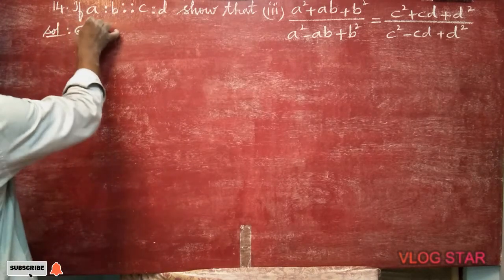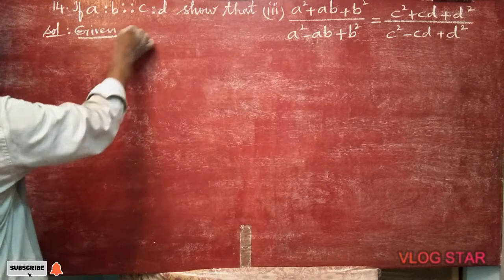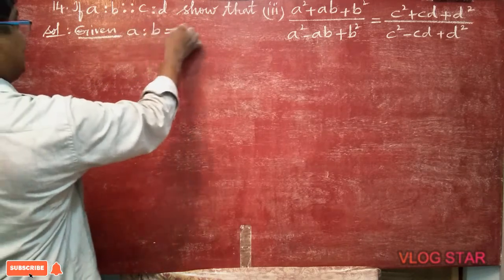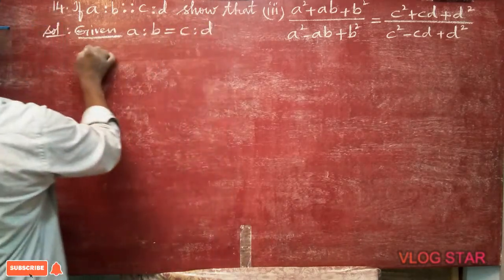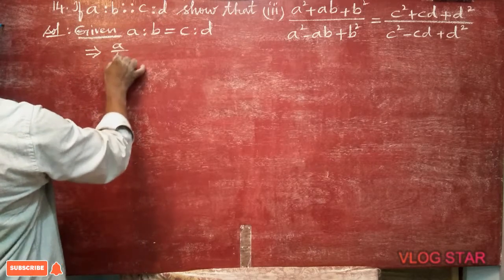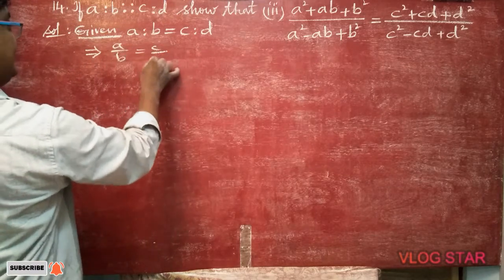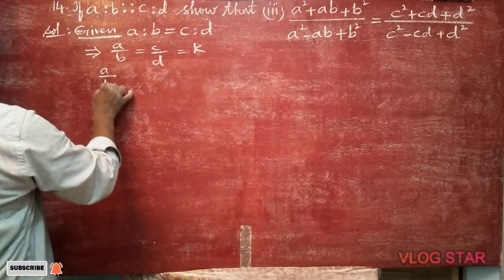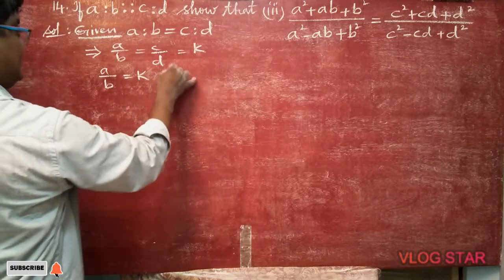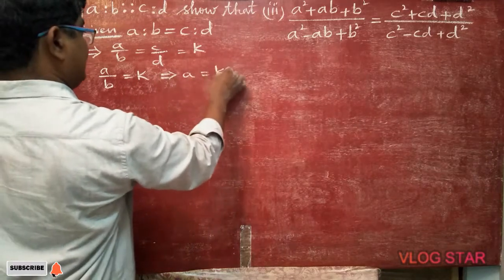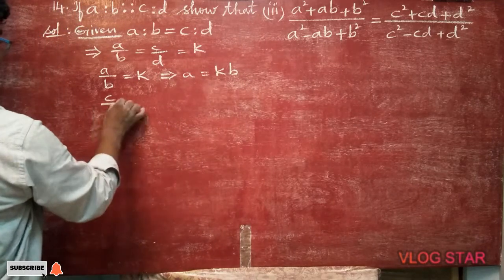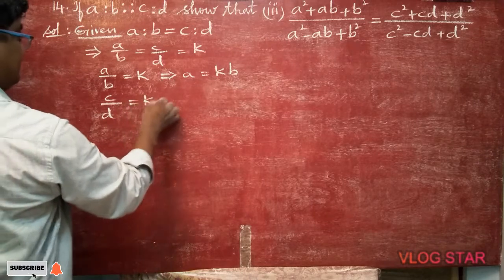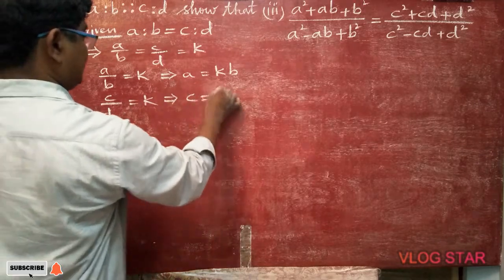Given A is to B is equal to C is to D. That implies A by B is equal to C by D, that is equal to K. So, A by B is equal to K implies A is equal to KB. Next, C by D is equal to K implies C is equal to KD.